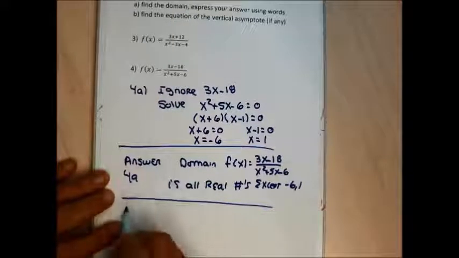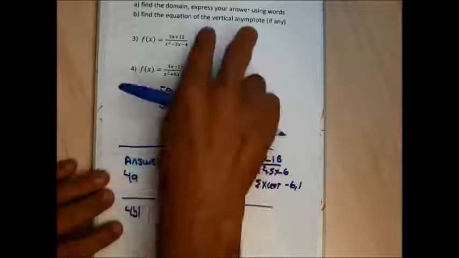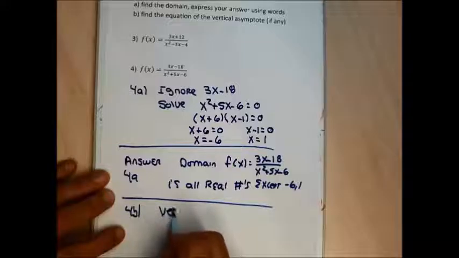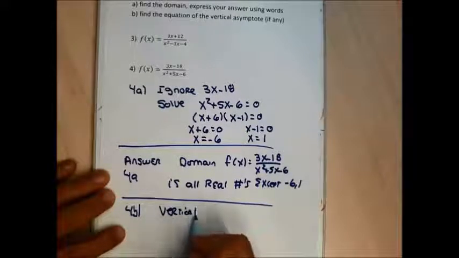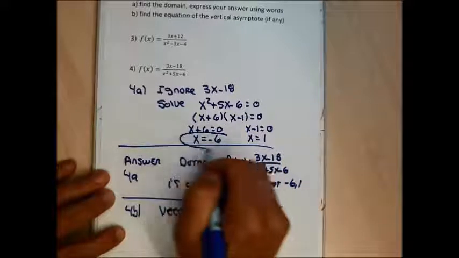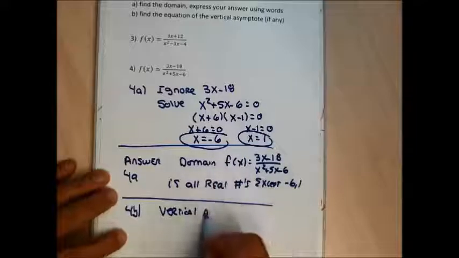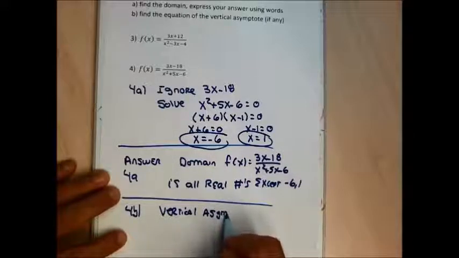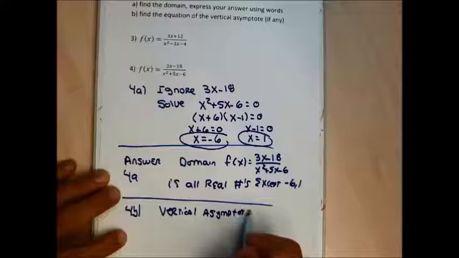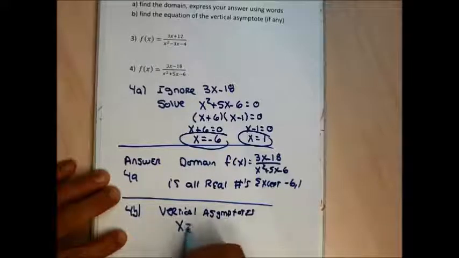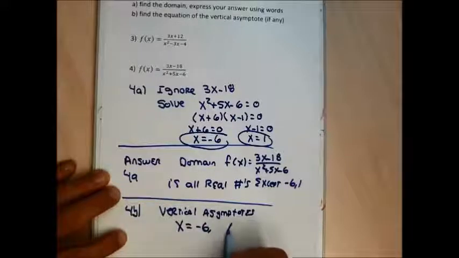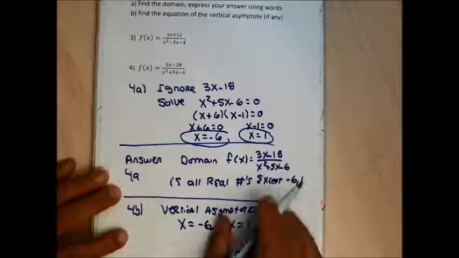When I move on to 4b, to find the vertical asymptotes, our vertical asymptotes are going to be the equations that I derived when I'm solving for the numbers to exclude from the domain. So it's going to be x equal to negative 6 and x equal to 1.